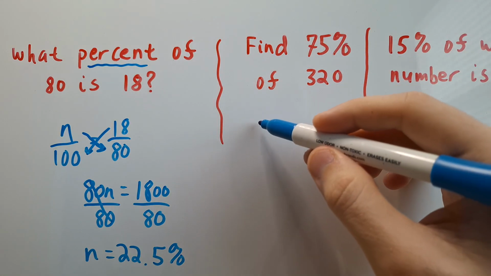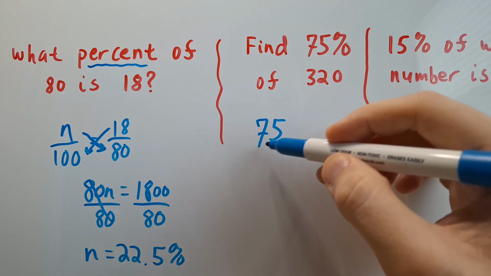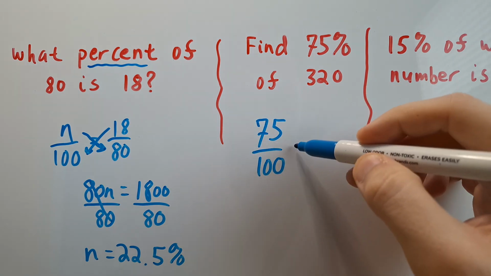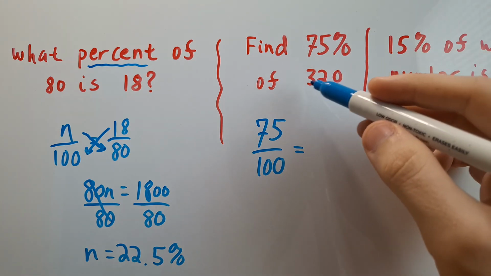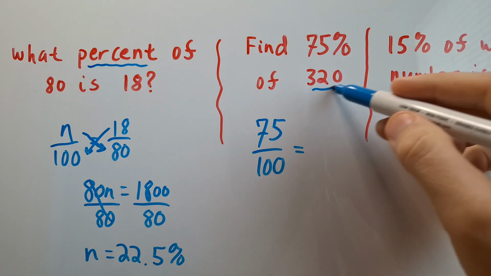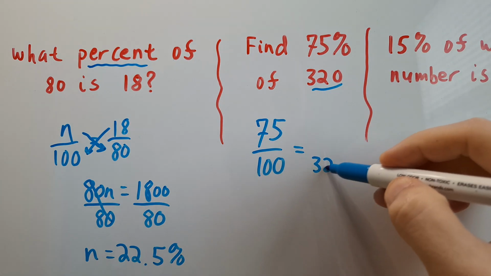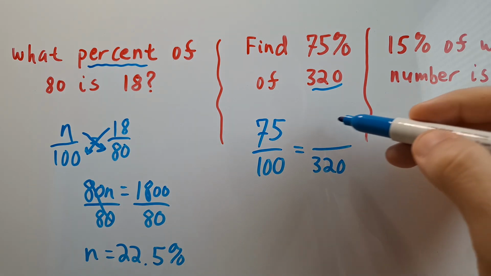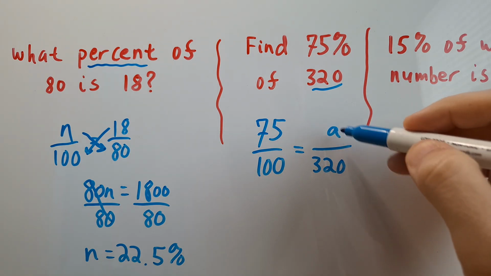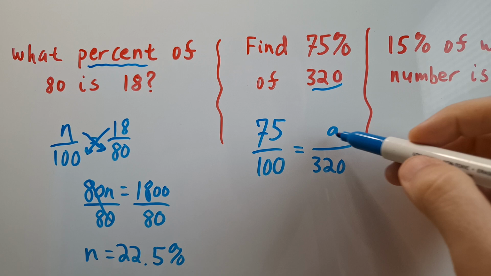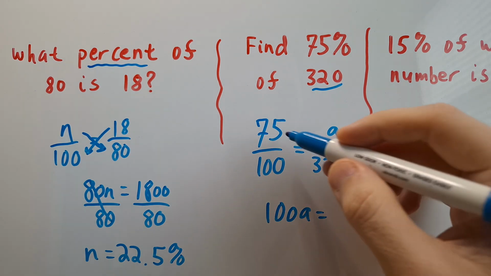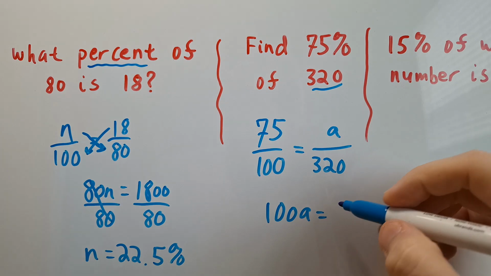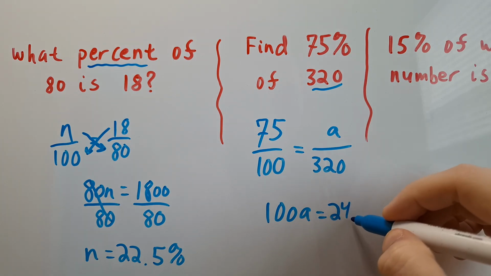So now that we have our percent, what we're looking for now is the part, because it says of this specific number, 320. Let's use A this time. So cross multiply everything here. We've got 100 times A equal to 75 times 320, which is 24,000.